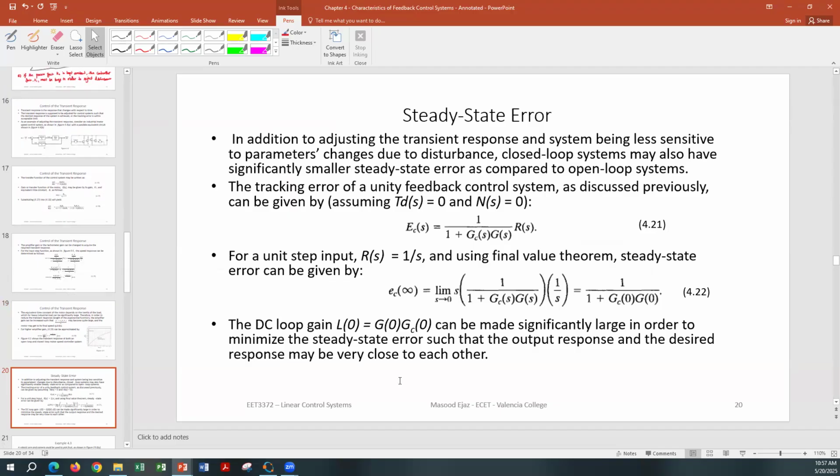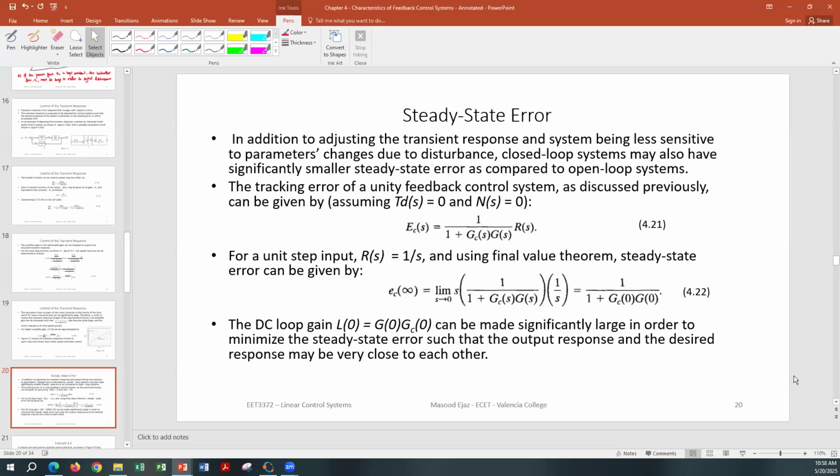If we assume that our input is a step, and we use the final value theorem, then s and 1/s will be cancelled out, and your steady state error is going to be 1 over 1 plus G_c(s)G(s) when s tends to 0, or in other words, 1 over 1 plus the value of the controller gain at s equal to 0 and the value of the process gain at s equal to 0.